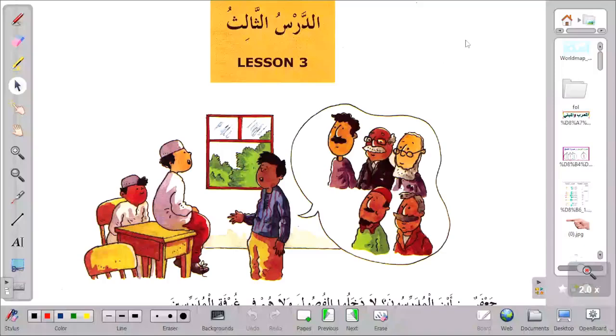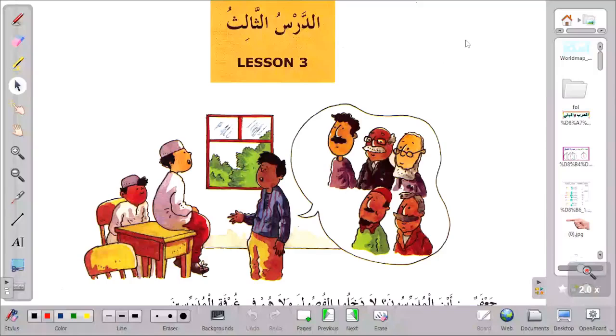Inshallah, today we are looking at lesson number 3 of the Madinah book 5, or lesson number 23 of book 2. It depends on the edition that you are using. In this particular lesson, our focus is going to be on the I'rab of the Jam'u Muzakkar Salim. If you can remember, we looked at Jam'u Muzakkar Salim.